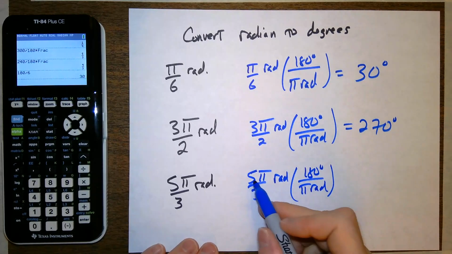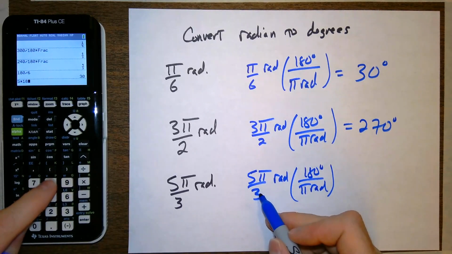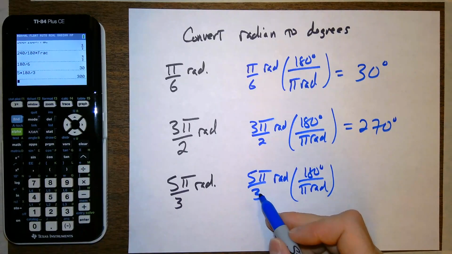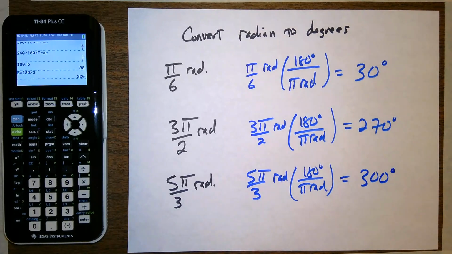Radians cancel, the pi's cancel. 5 times 180 divided by 3. And it is 300 degrees. If some of these angles sound or look familiar, I'm focusing in on the reference angles that we should know.